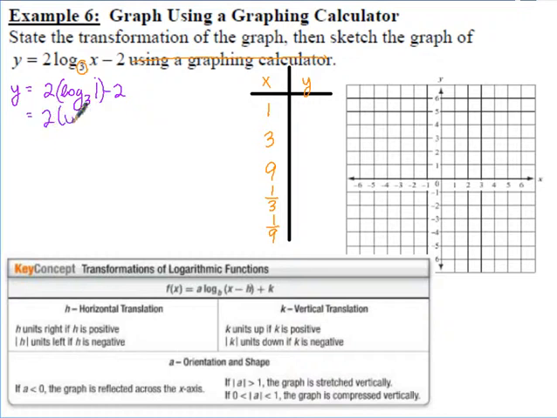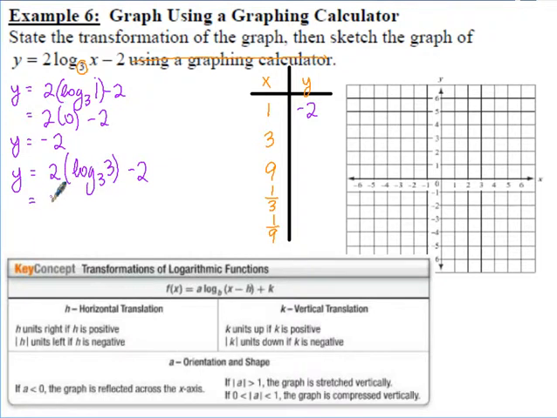Now if we want to plug in a 3, y equals 2 times the log base 3 of 3 minus 2. Well, log base 3 of 3, 3 to what power gives you a 3, that's going to be a 1. 2 times 1 minus 2 is 0. So you get a 0.